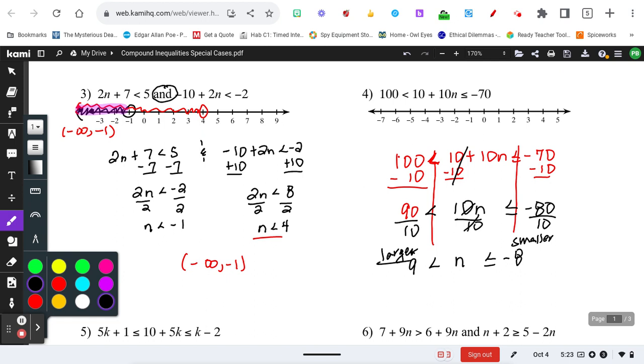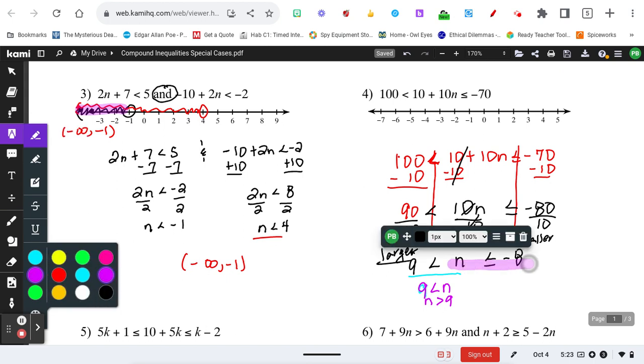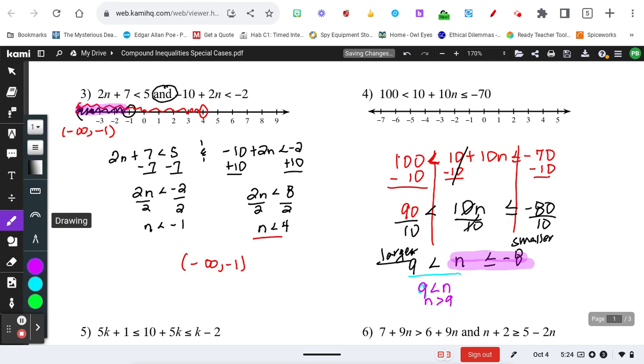All right, so I'm going to break this up into n. Let me use a different color. n less than 9, which I'm going to switch and make n greater than 9. You can switch sides. And then if I just look at this part, that's n less than or equal to -8.